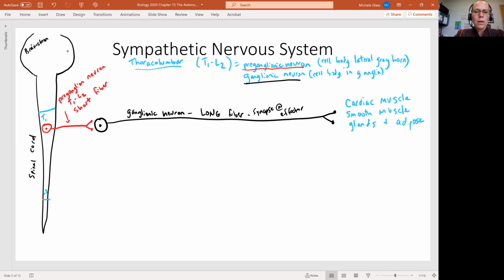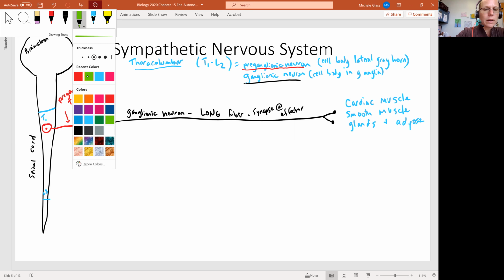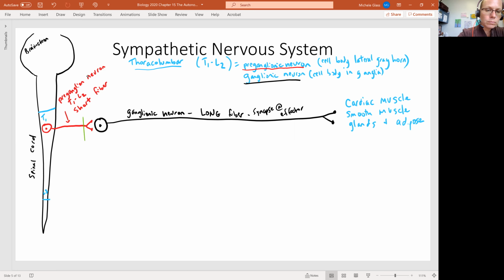Okay, so when we talk about those ganglia, what are we talking about here? So the ganglia, remember, are those collections of cell bodies outside of the central nervous system, meaning in the peripheral nervous system. And we're going to have 3 different types of ganglia in the sympathetic division.